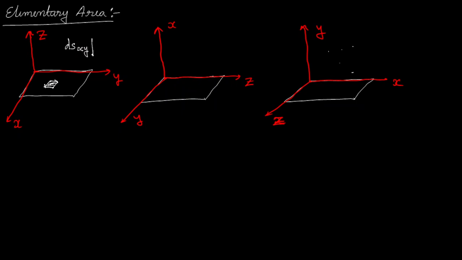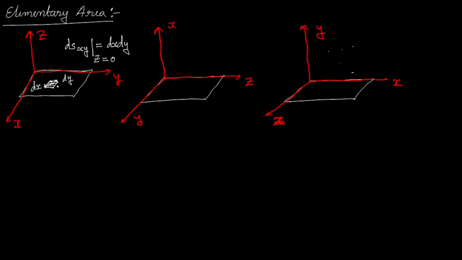You see here z is constant, and in this plane, since it is the xy plane, z will be 0. What will be the value of this? This side is dy and this side is dx, so the area of this part will be dx into dy.